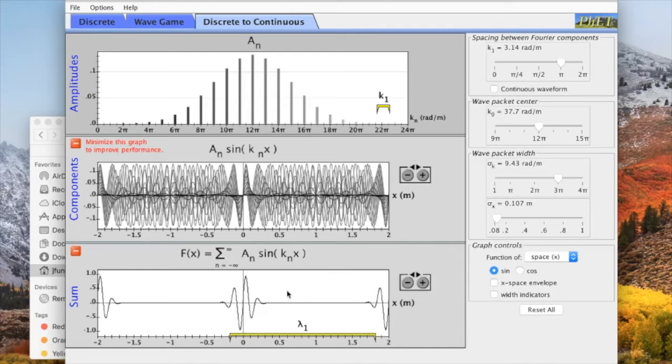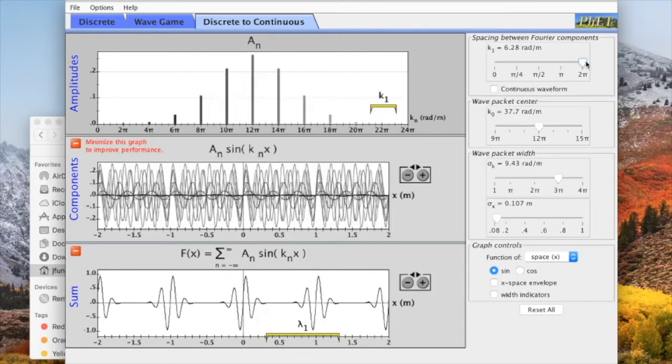We still have something that looks periodic. Now, what if we increase the spacing between the sines we're adding up? If I drag this slider up to 2 pi, things have gotten worse from the standpoint of getting something that's not periodic. We've got a shorter periodicity than before.